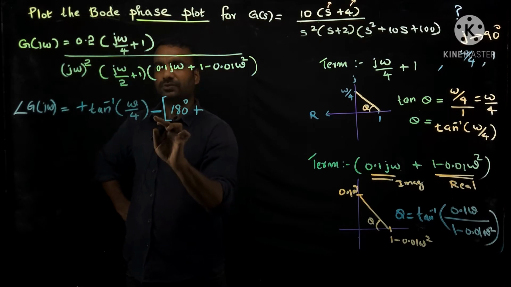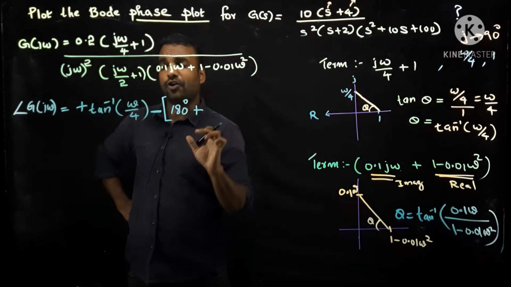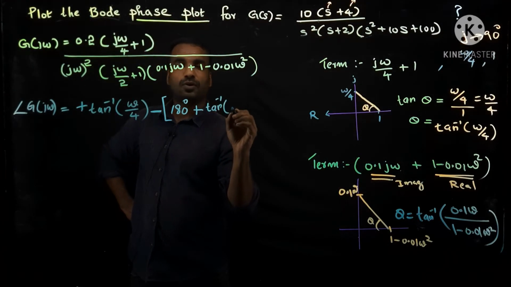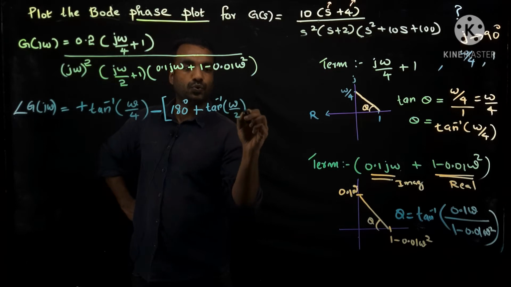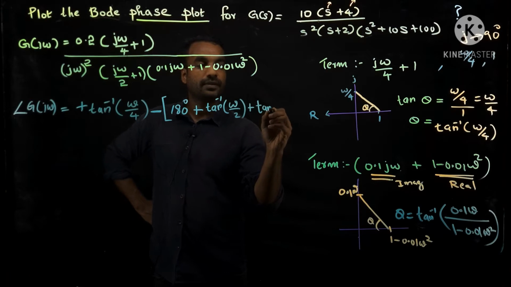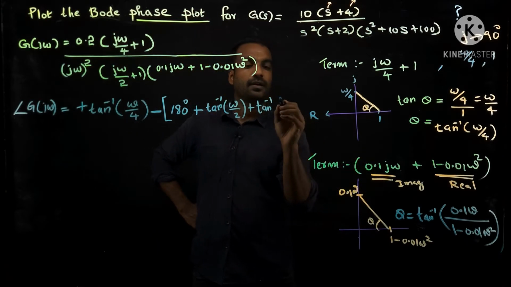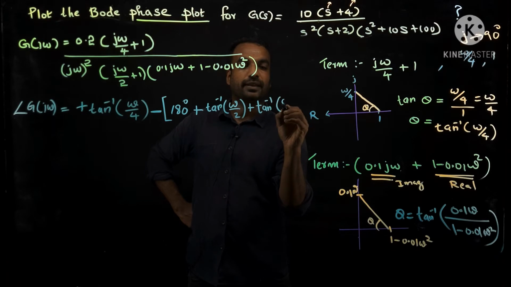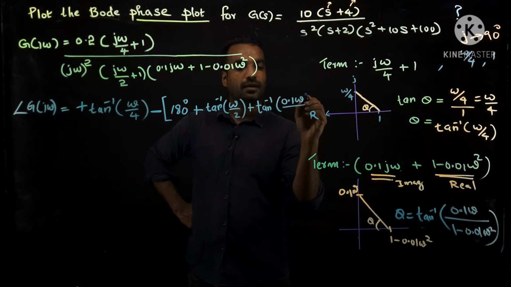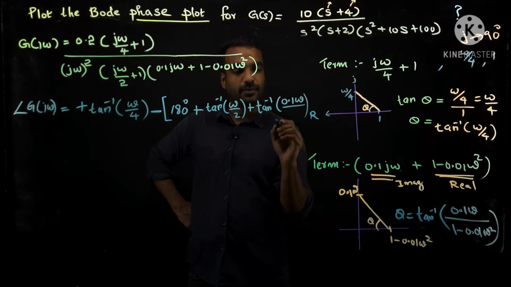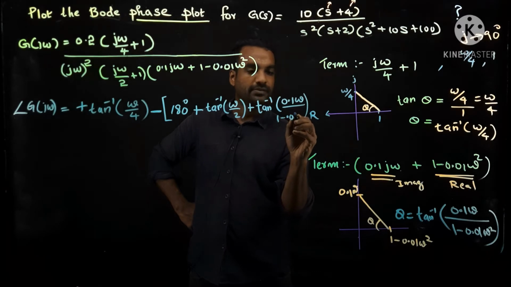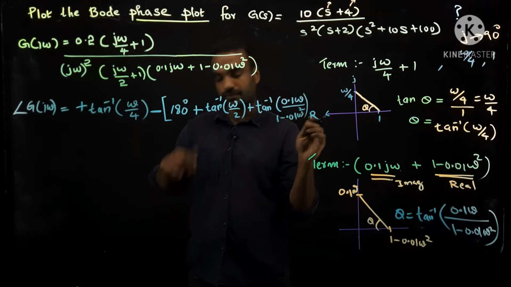Because minus is there outside as a common for all the denominator terms. Tan inverse omega by 2 plus tan inverse, for this term, the imaginary term, 0.1 omega divided by 1 minus 0.01 omega square.